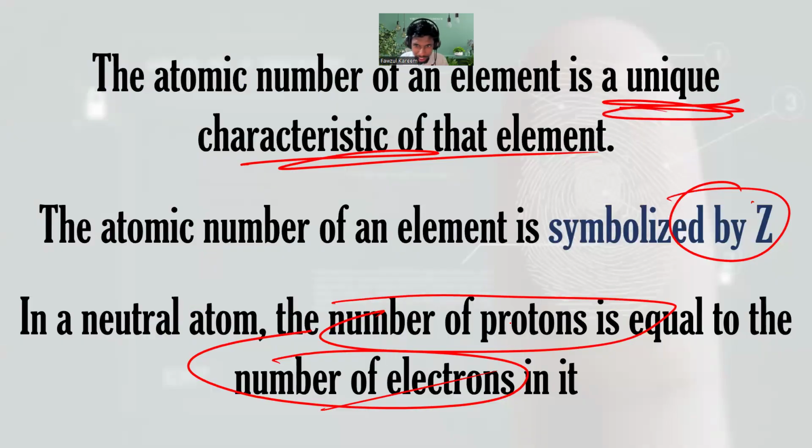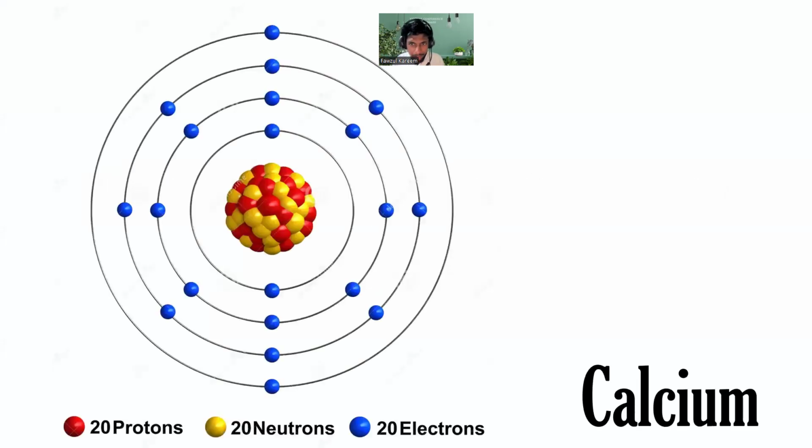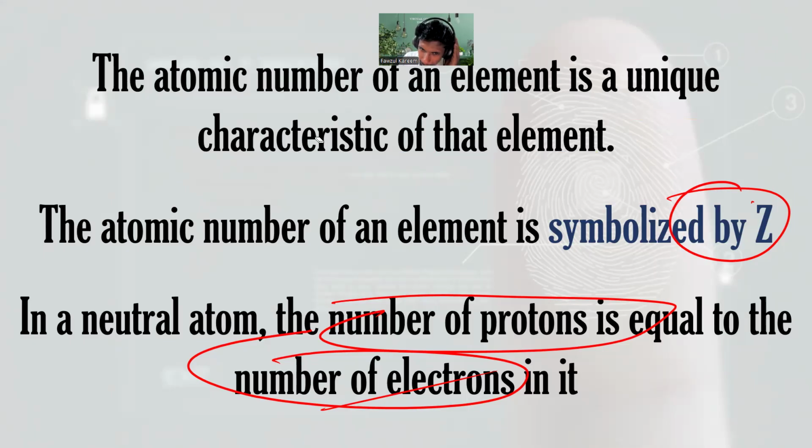Now these three points should be clear. Atomic number is a unique character, and you already know atomic number is the number of protons. Unique character means it is a significant value.